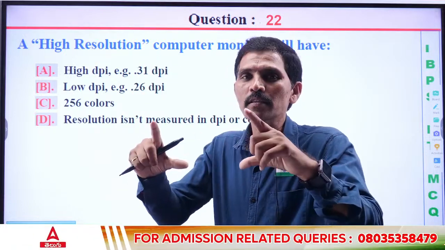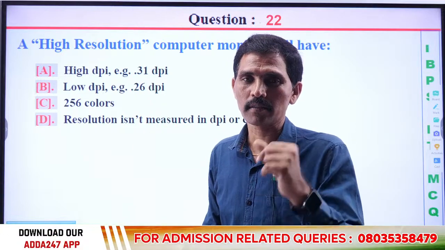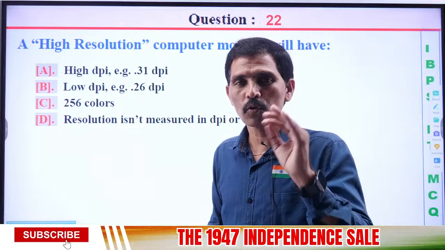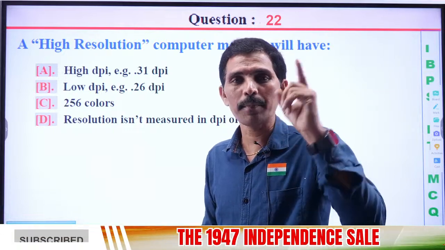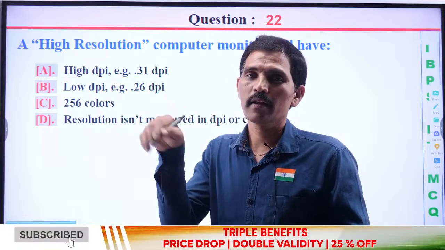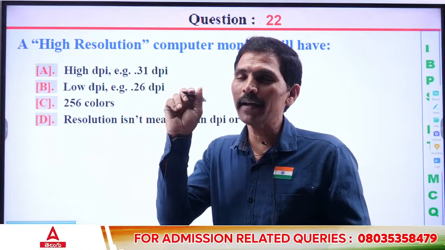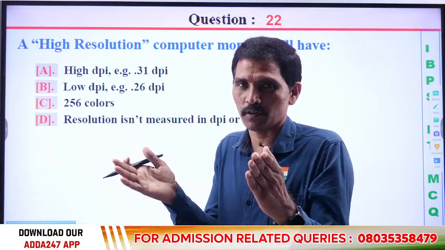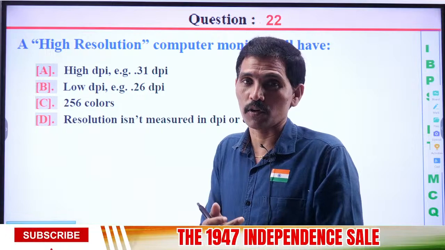Just zoom that image and you can understand the importance of pixels and how they become visible to us. This resolution can be measured with dots per inch. In a square inch, how many dots are there? If there are more dots, more resolution, and a clearer picture will come to us.